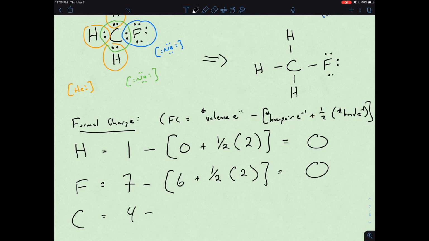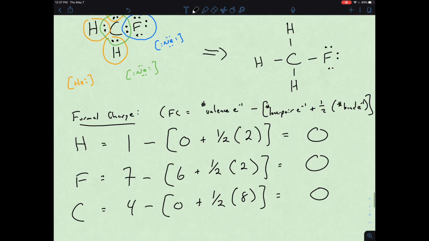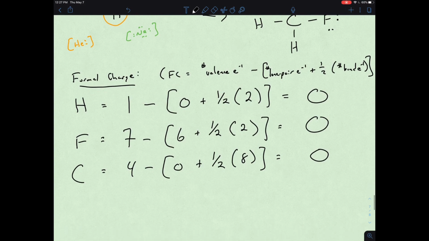Carbon has 4 valence electrons. There are 0 electrons in lone pairs. And it has 1, 2, 3, 4, 5, 6, 7, 8 electrons involved in bonding. And we also get a 0 formal charge for the carbon. And that's really kind of what we want, right, in terms of getting to some of the rules that we have here.